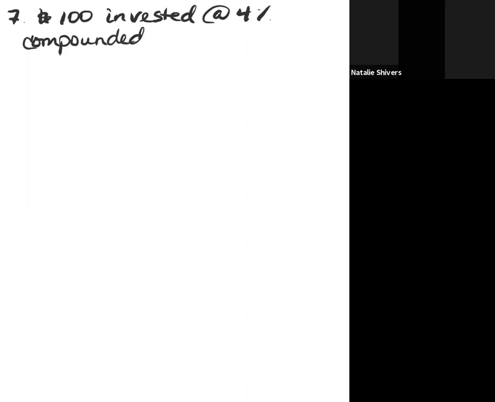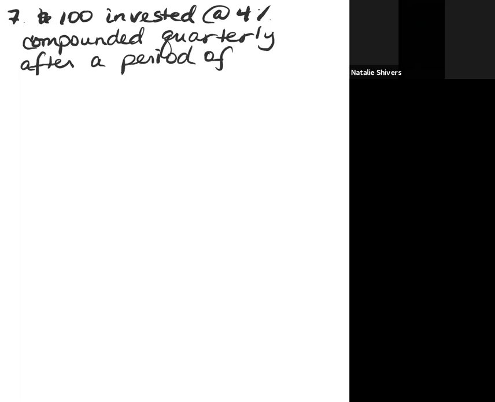So we're going to do $100 invested at 4% compounded quarterly after a period of 2 years.